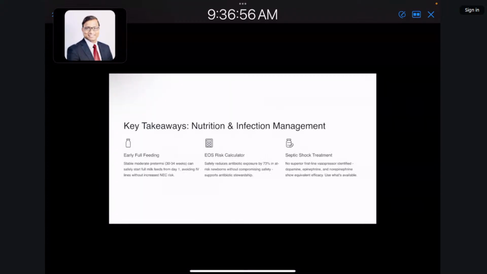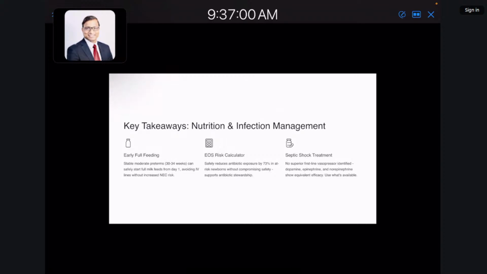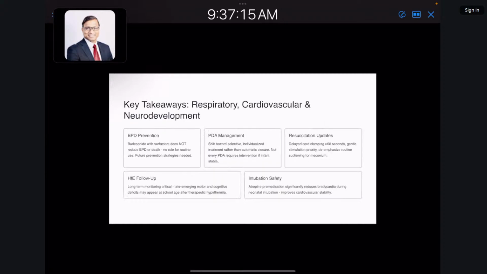So key takeaways from this presentation are: early full feeding is safe in stable moderate preterms and reduces invasive lines. Early onset sepsis calculators reduce antibiotic exposure while maintaining safety. No clear best vasopressor in neonatal shock has emerged yet.